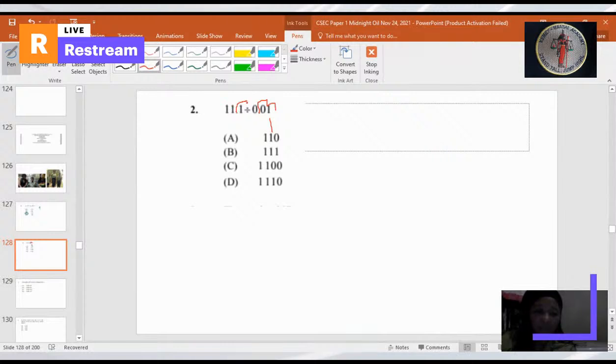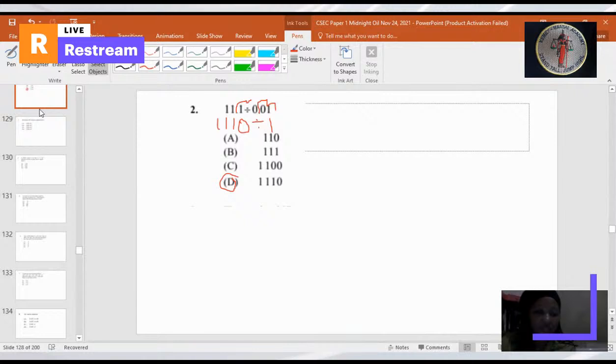Move 2 places to the right, and that's going to become 1110. So moving 2 places to the right, we had to add a 0 here because that's 1 place to the end of the number, and we have to add 1 more 0. So it's 1110 divided by 1, which is 1110. To divide by 1 gives you the same number.